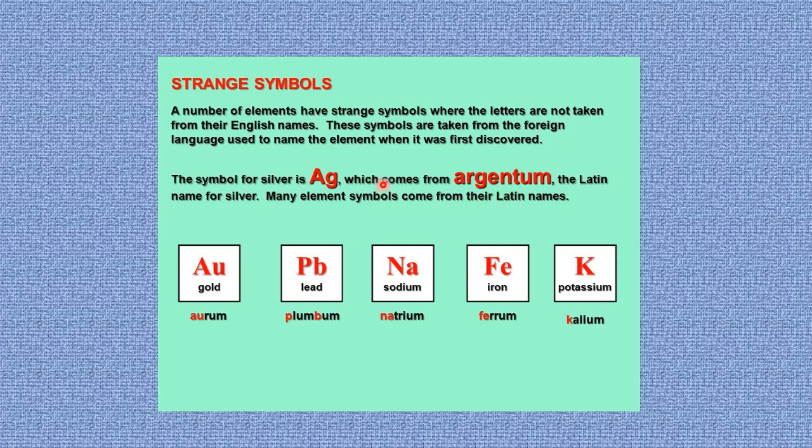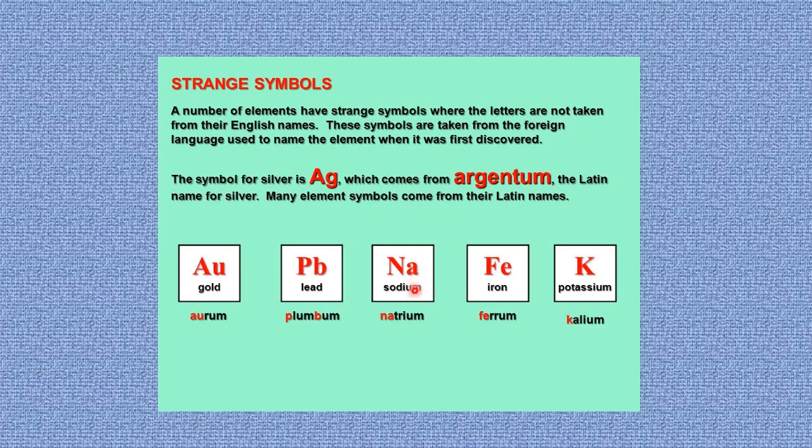And many other symbols are derived from the Latin names of certain elements. For instance, we have aurum, which is the Latin name for gold, and the first two letters here serve as the symbol Au. In the case of lead, the Latin name is plumbum, and the symbol is Pb, which is derived from the Latin name.